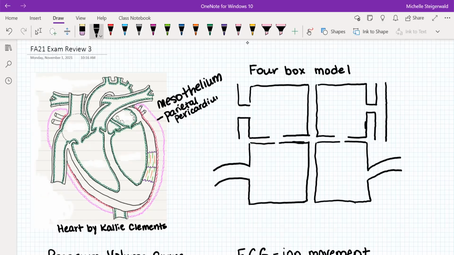The inside is always going to be visceral. I always remember that visceral means gut, so it's always the one that's on the organ, that's the visceral layer, and then the one that's connected, in this case, to the chest wall, the chest cavity, thoracic cavity, is going to be the parietal pericardium.